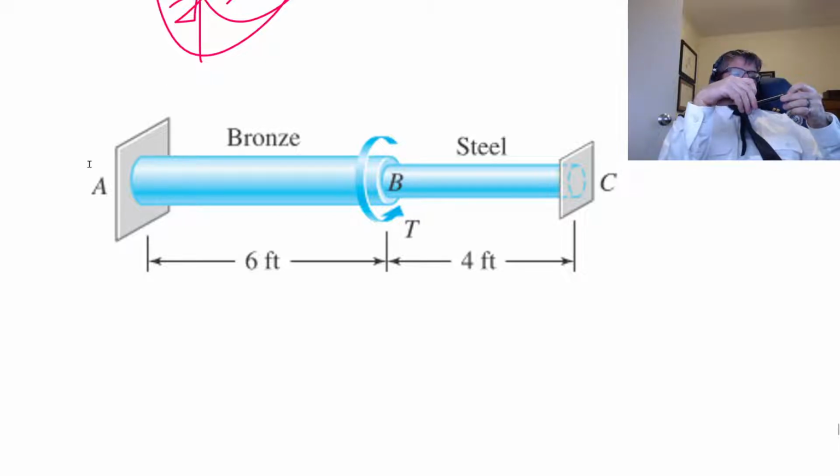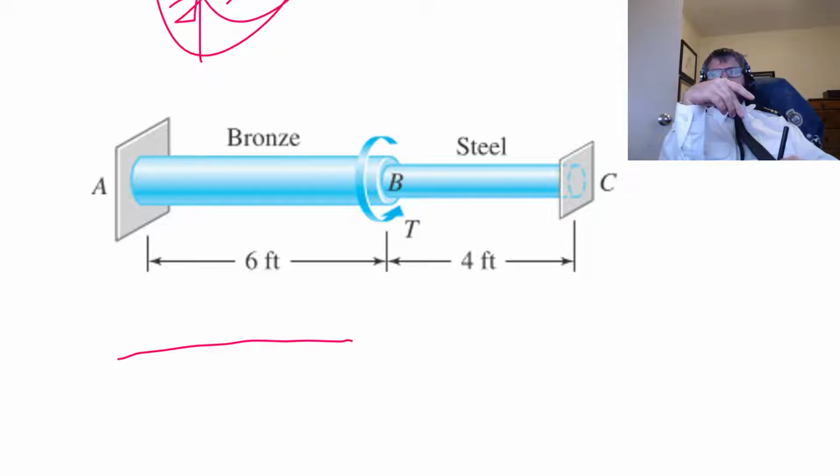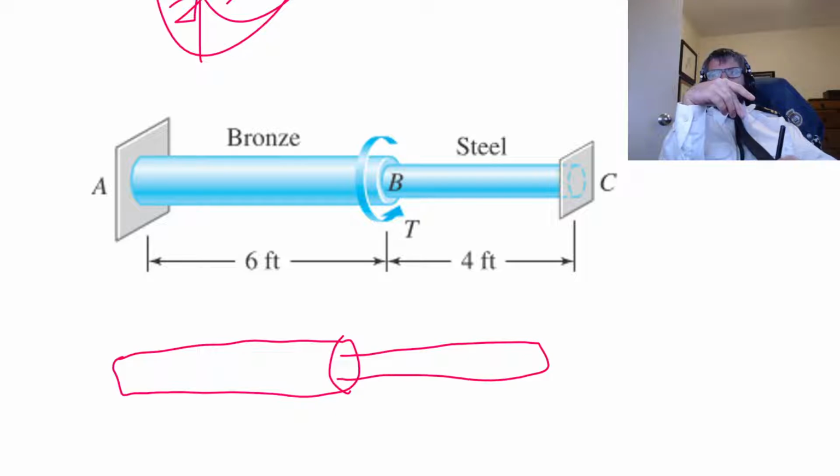Also, the concept of compatibility conditions comes up in non-beam stuff. So for something like, say, this, we're applying some sort of torque in the middle, and that is going to cause, if we do a free body diagram of this thing, we've got a torque here, it's going to cause some sort of reaction there, some sort of reaction there.